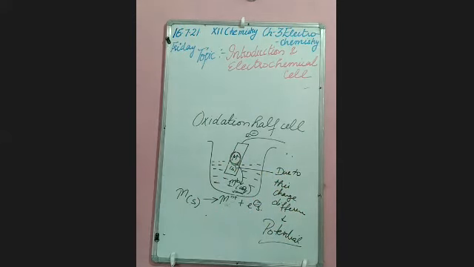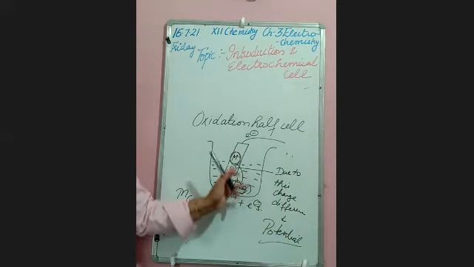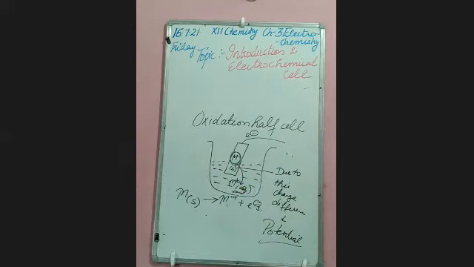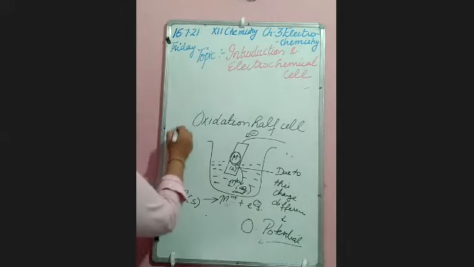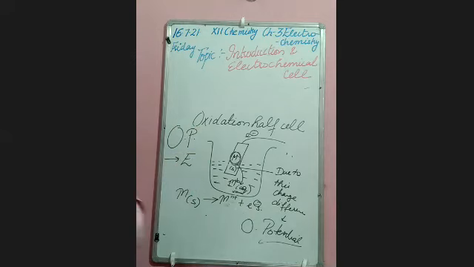A potential difference is generated because the metal is losing electrons. As the oxidation reaction is going on here, that potential is named the oxidation potential, or OP, which is represented by E. E is your oxidation potential, which develops due to the charge difference.